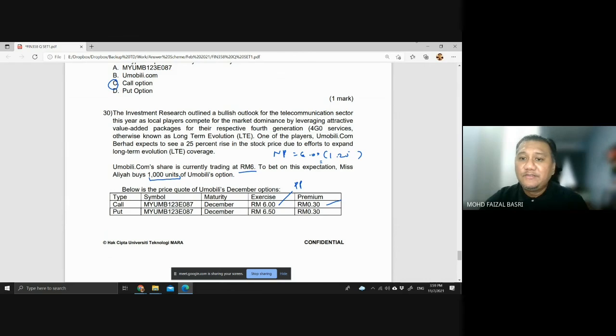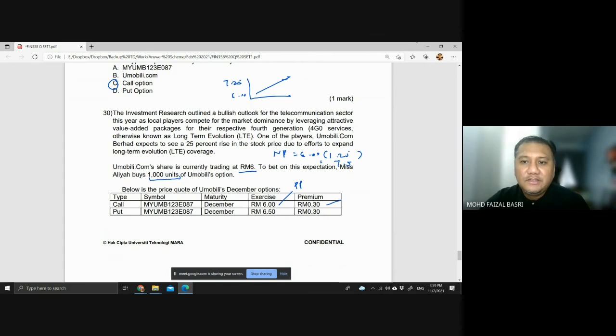So dia akan naik to 7.50. So maknanya kalau kita draw graph tu, sekarang harga dia RM6, so dekat sini nanti harga dia naik. So dia akan jual, dia beli pada harga RM6 exercise, dia jual pada harga RM7.50.